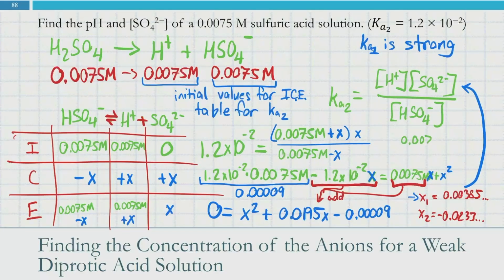And our 0.0075 molar plus our x1 will turn into a pH value because of magic.